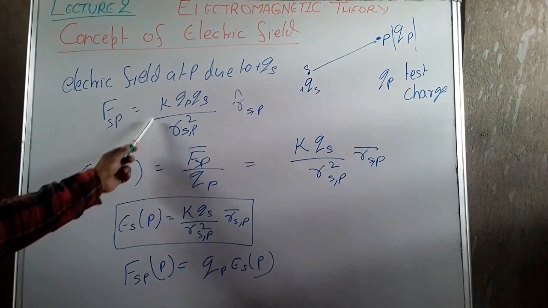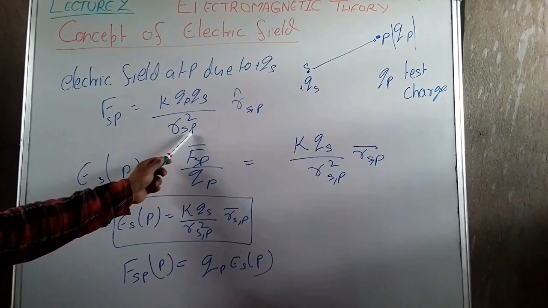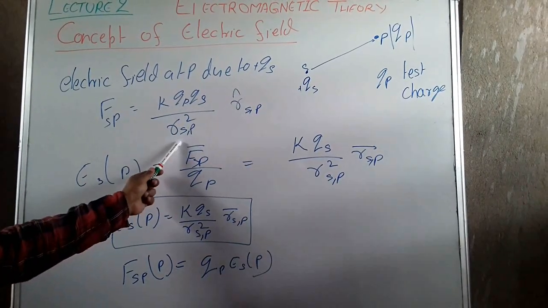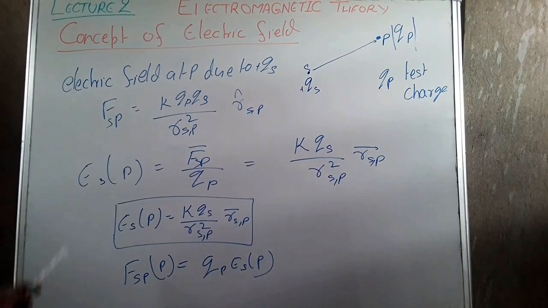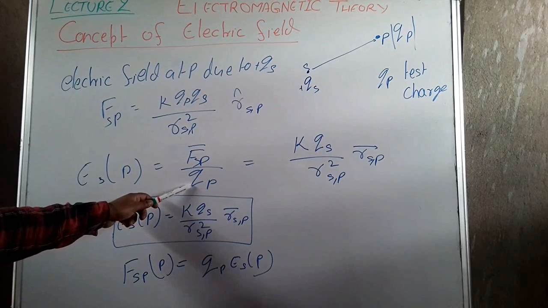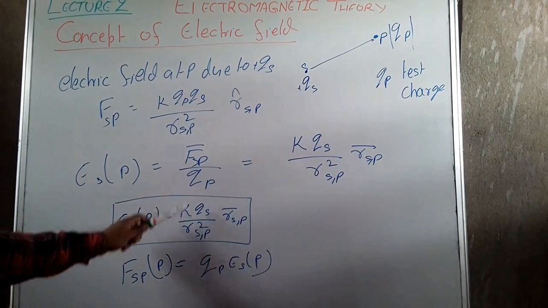So FSP is equal to K Qp Qs divided by RSP square, RSP unit vector, and this is the distance between Qs and Qp. And we know that electric field is force divided by the test charge Qp.